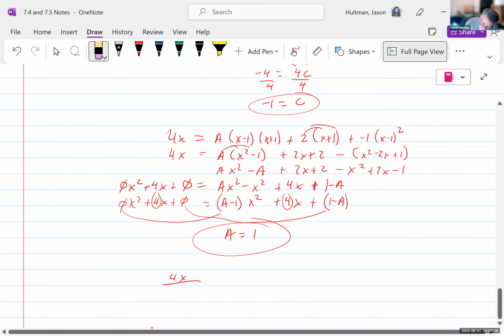Okay, so 4x over x cubed minus x squared minus x plus 1 is equal to 1 over x minus 1 plus b, which was 2 over x minus 1 squared plus c over x plus 1. So this is minus 1 over x plus 1. Okay, so that's that guy.